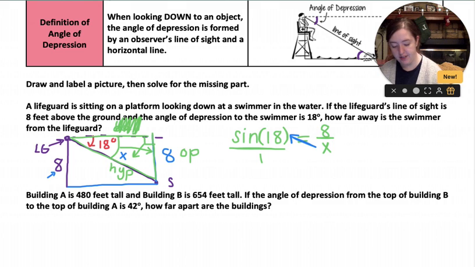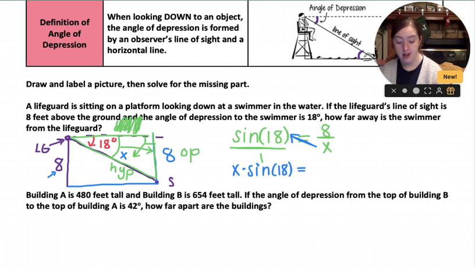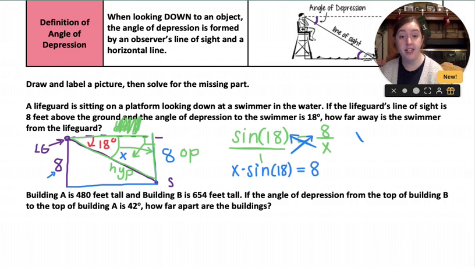X times the sine of 18 equals, and then 1 times 8 is 8. To get x by itself, we have to divide by the sine of 18 on both sides. So we'll have 8 divided by the sine of 18.